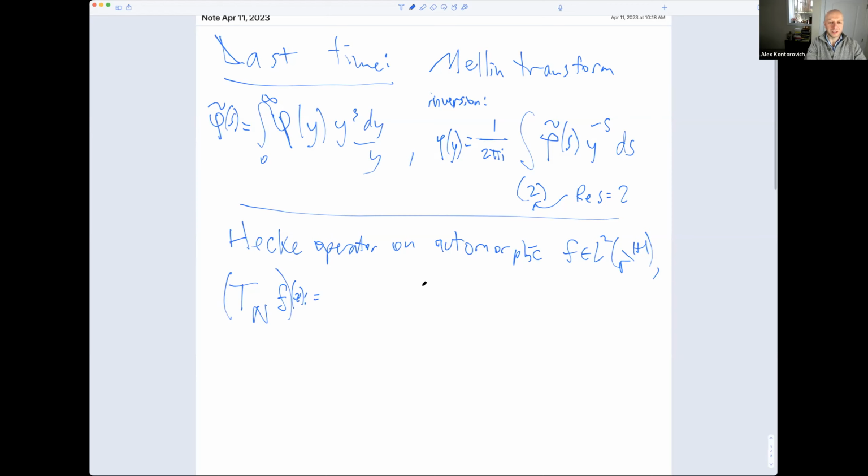What does it do at z? It takes f, evaluates it on mz, as m ranges over all integer matrices of determinant n. Delta_n is the set of m in M_2(Z) such that the determinant is equal to capital N, modulo the action of SL2(Z) itself.